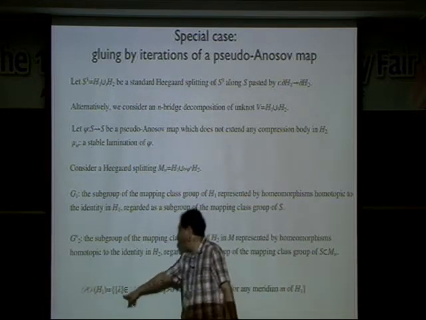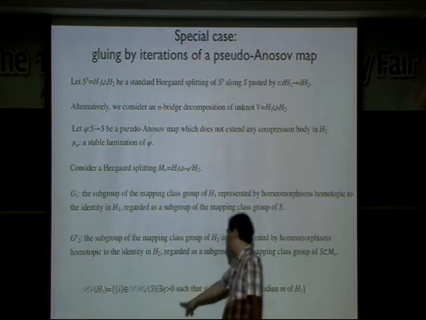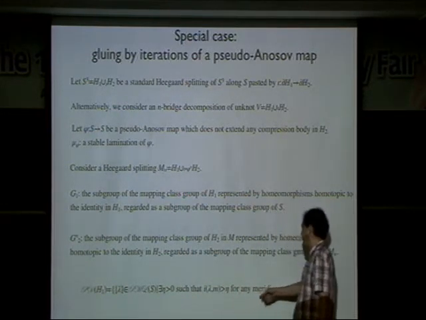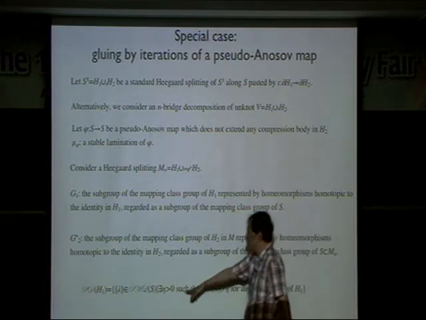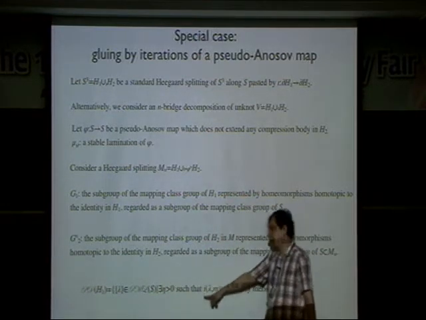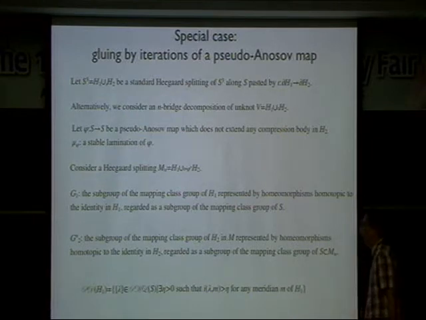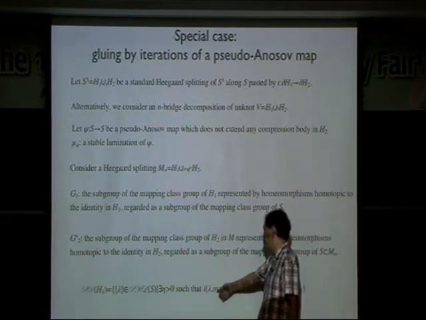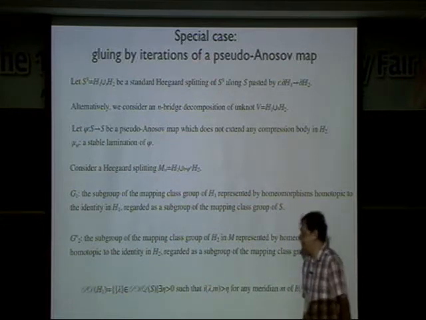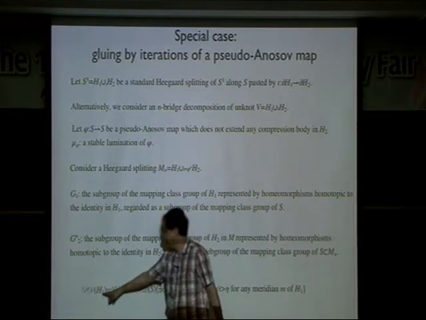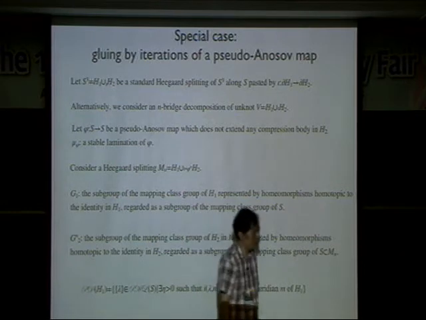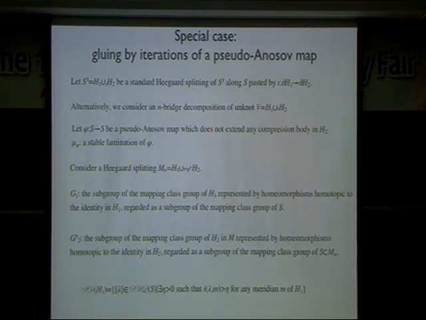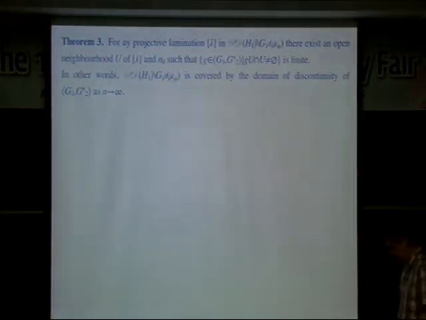It's a projective lamination represented by a lamination lambda such that there is some positive constant eta bounding the intersection number of lambda with any meridian. This one is denoted by PD H1.